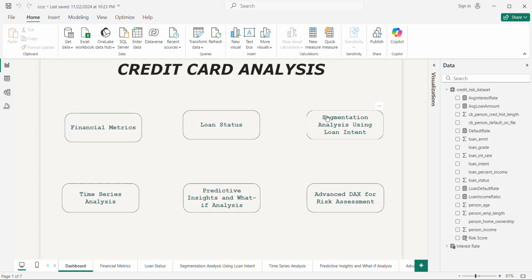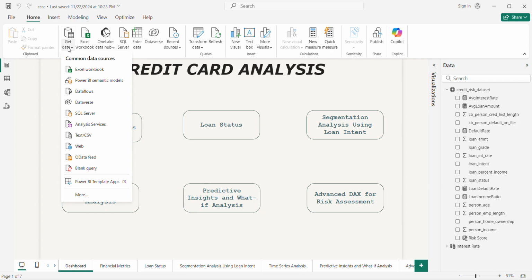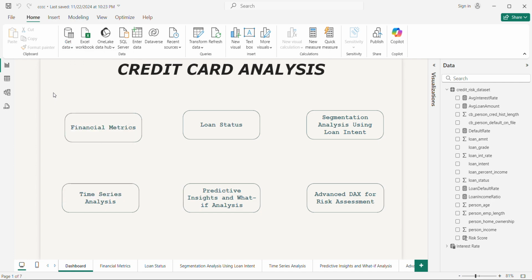First click on Get Data, and using Get Data, get the file of the data set of this project. After getting the file, click on Transform Data. In Transform, there is Power Query.